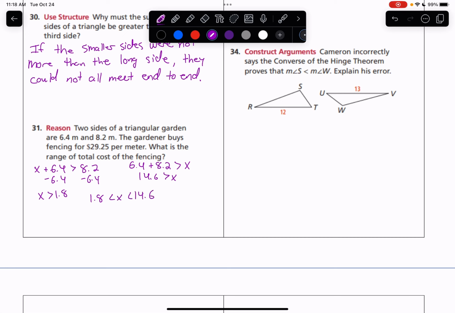However, we also need to multiply that by 29.25 because that's the cost per meter.